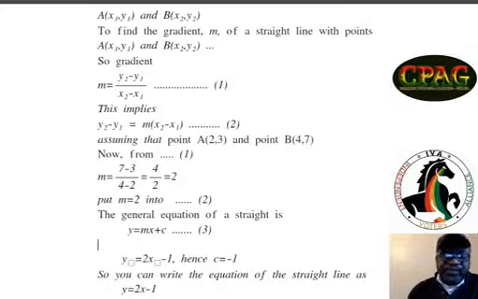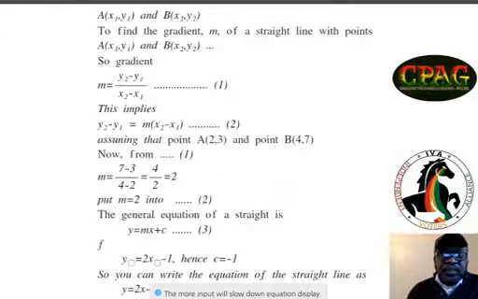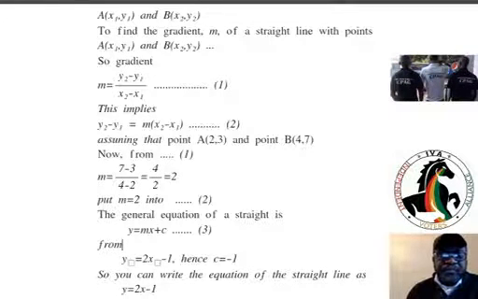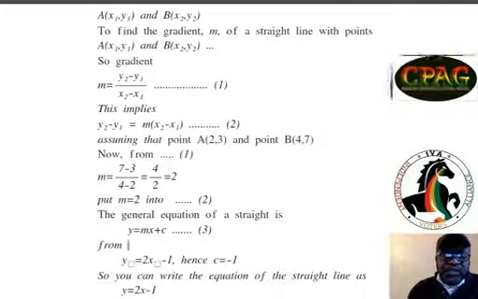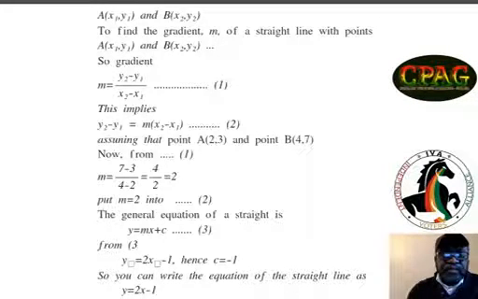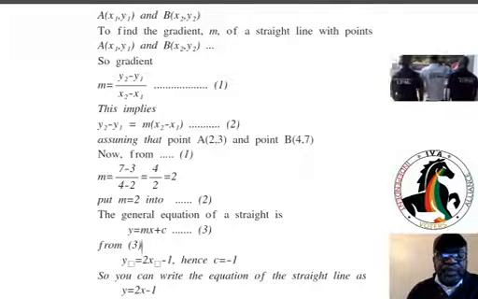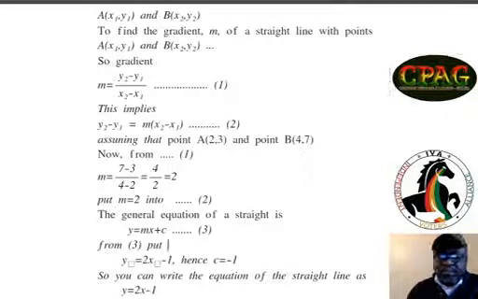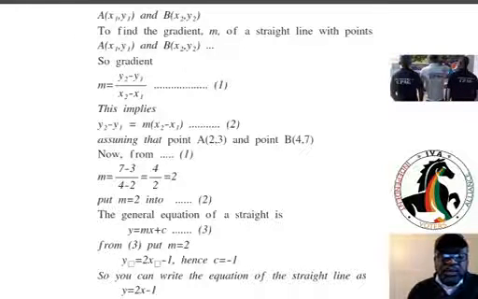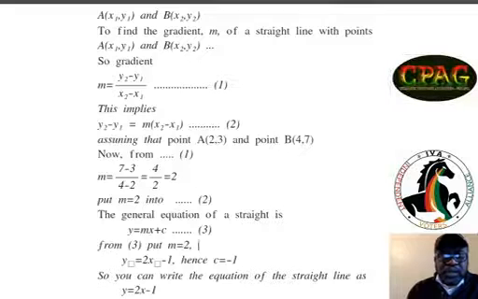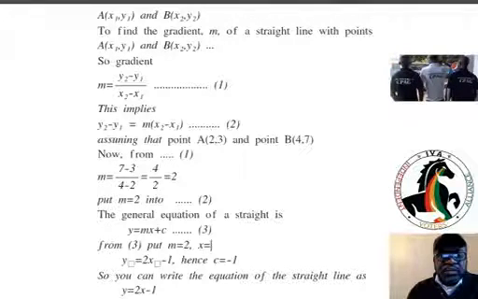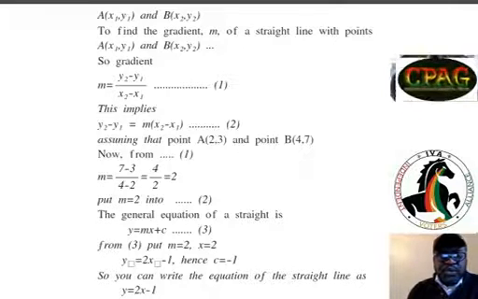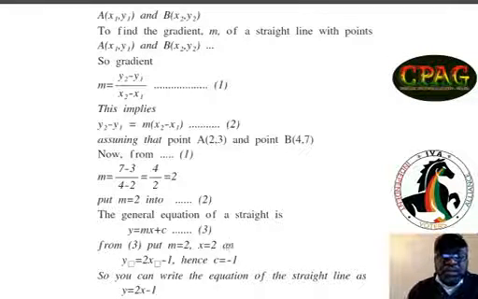So from equation number 3, put m is equal to 2 and x is equal to 2 and y is equal to 3.